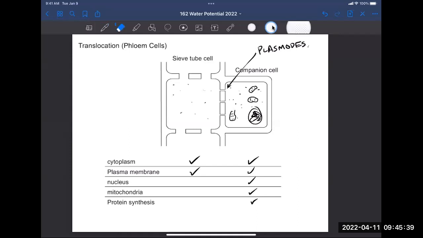And the sieve tube cells, as they grow and develop, form something kind of like the perforations that we saw in the xylem, but there are large openings between these sieve tube cells, which are going to make the movement of fluid much more efficient. Just breaks in the cell wall there that allow that to happen. Okay, so those are our two key players: the sieve tube cells and the companion cells.